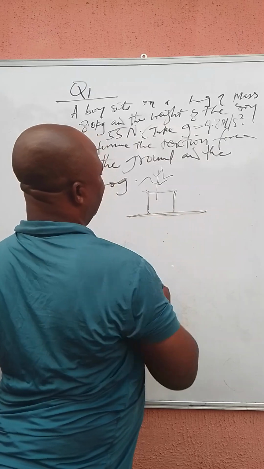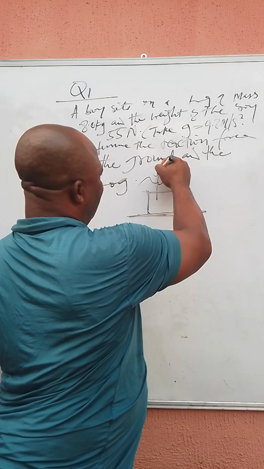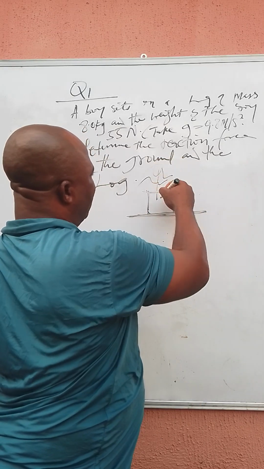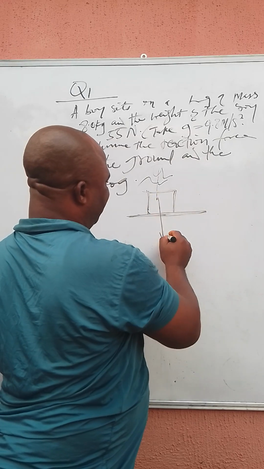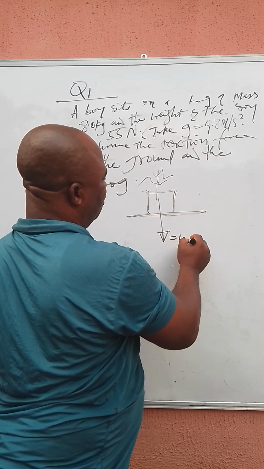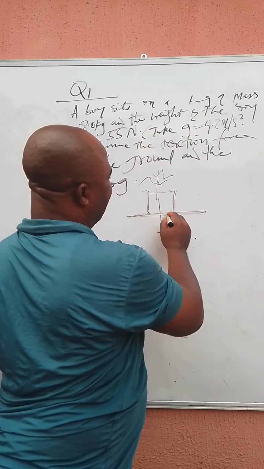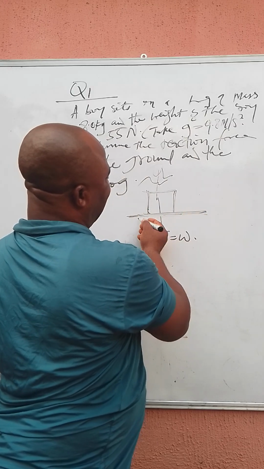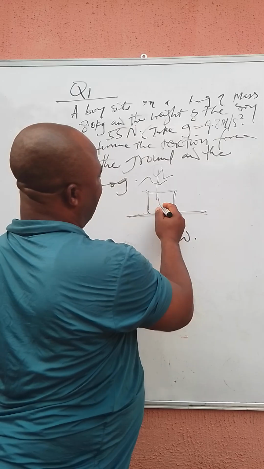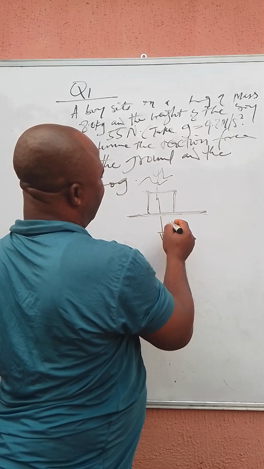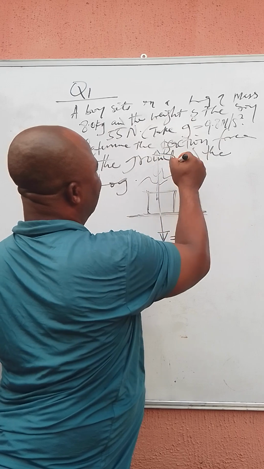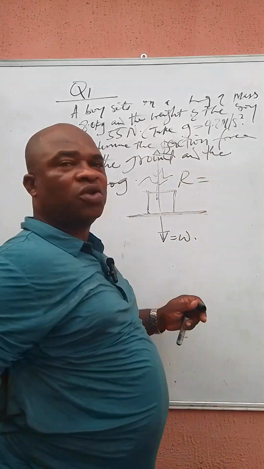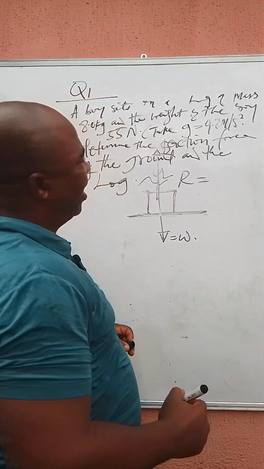The boy will put his own weight, the log equally will put his own weight, and then we have their action here equal to W. While the ground will exert its own reaction force on this boy and the log, and it flows this way to give you R. And this R is what we are demanded to find.